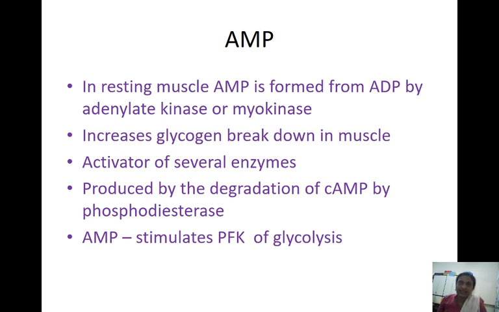So that increases glycogen breakdown in muscle. I repeat: in resting muscle, AMP is formed from ADP by the enzyme myokinase. The reaction is two molecules of ADP giving rise to ATP plus AMP. The AMP then stimulates glycogen phosphorylase B, which in turn increases glycogenolysis, the breakdown of glycogen in muscles.